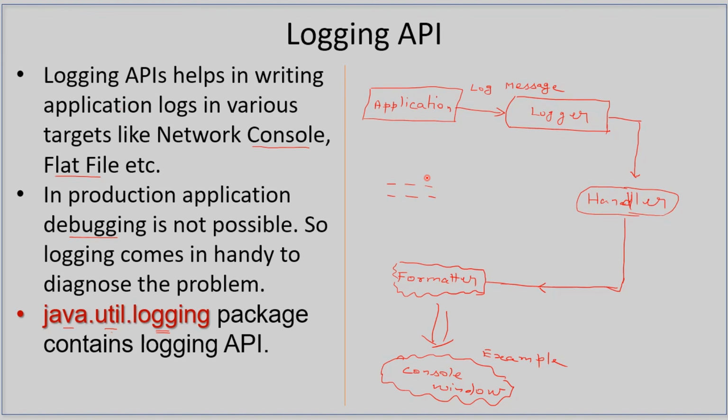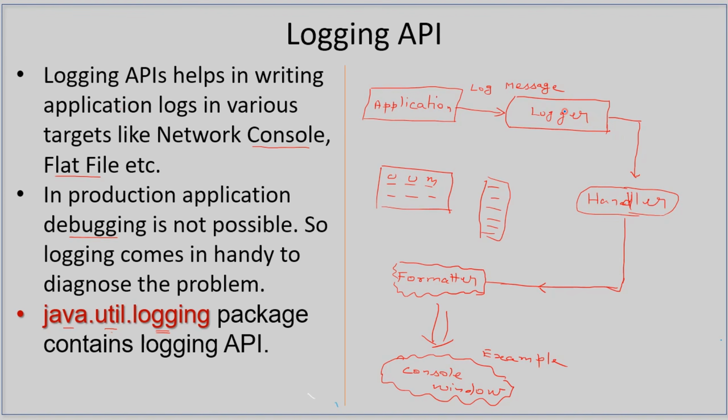Let's say this is the message and there is other information, or it will be a flat single line kind of formatting or multiple lines of formatting. These are decided by the formatter, and the handler and formatter together direct the output to a target location. The target location, as already told, can be a console window, a flat file, or some other medium, network location or socket, whatever it is.